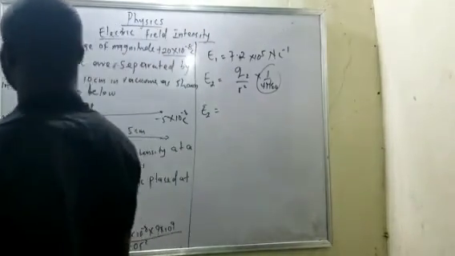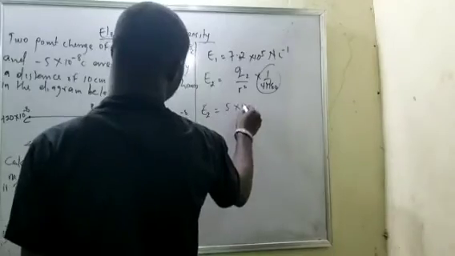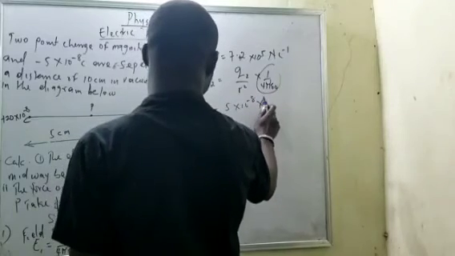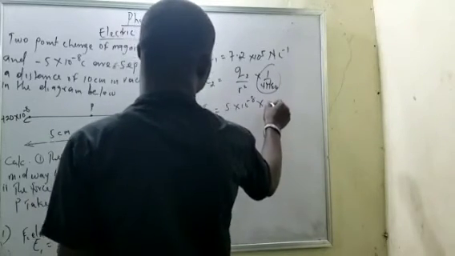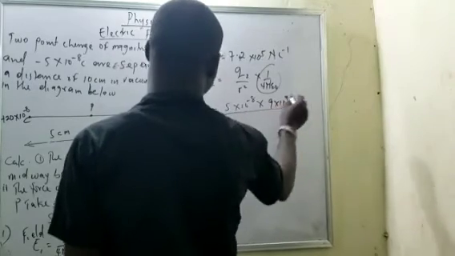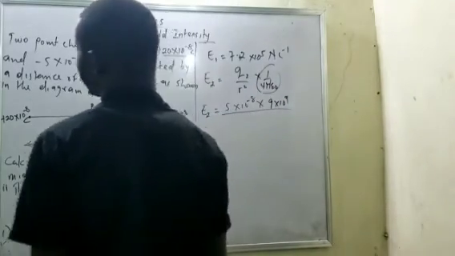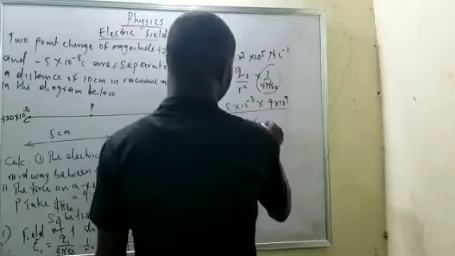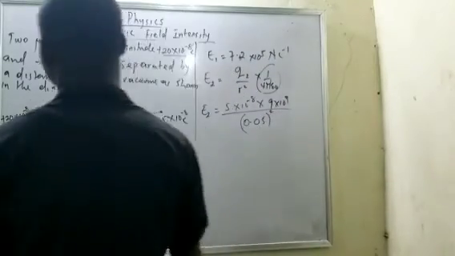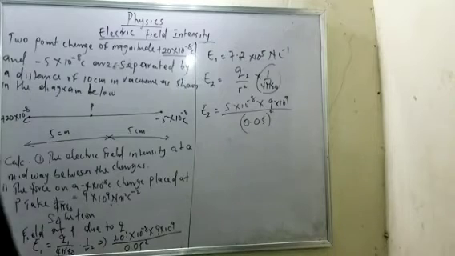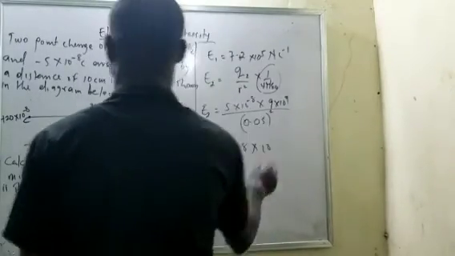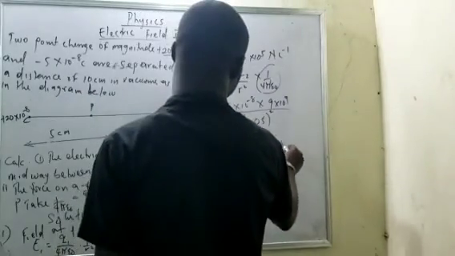Minus 5 multiplied by 10 raised to power minus 8 multiplied by 9 multiplied by 10 raised to power 9 divided by my r, which still remains as 0.05 squared. By so doing that, make sure you check your calculator. You have it as 1.8 times 10 raised to power 5 Newton per coulomb.